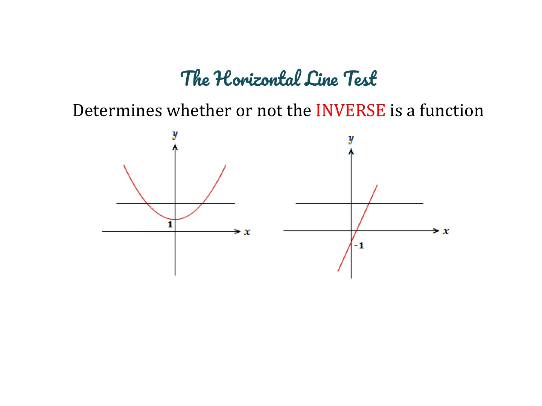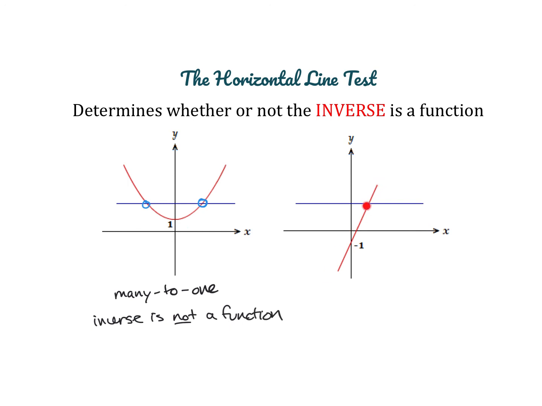So same idea, except with a horizontal line. If your graph crosses more than once, then we know that this is a many-to-one function. And that means that the inverse is not a function. So if it fails that horizontal line test, the inverse is not a function.